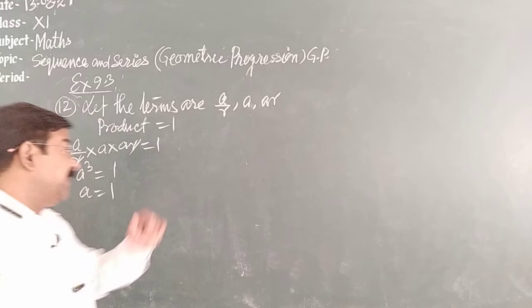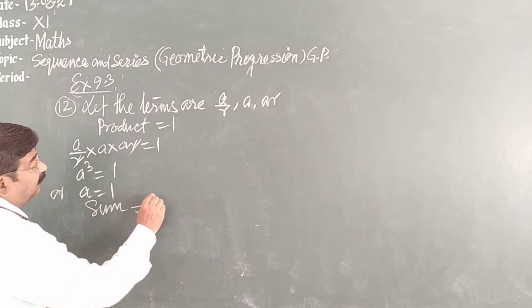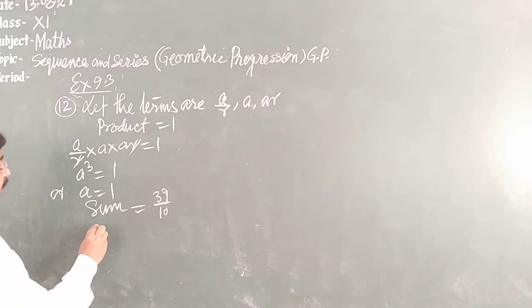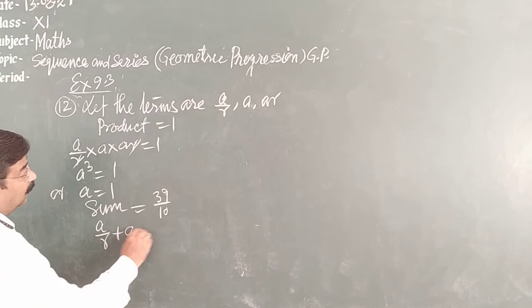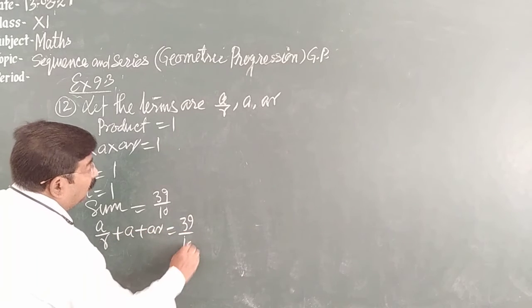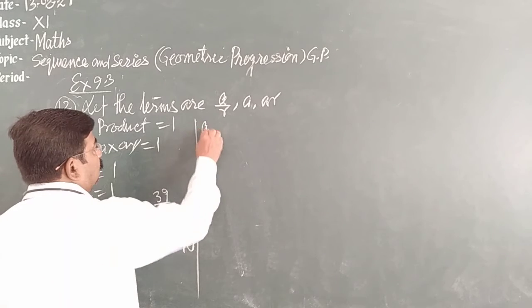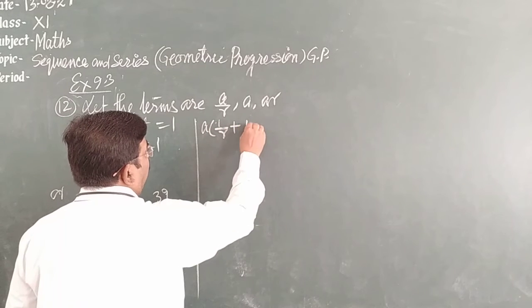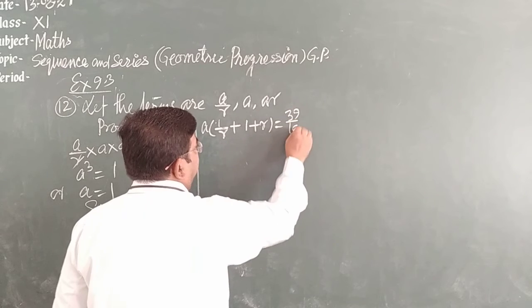And second, we are given the sum as 39 upon 10. Write the sum: a upon r plus a plus ar is equal to 39 upon 10. Here a is common, so we have 1 upon r plus 1 plus r is equal to 39 upon 10.